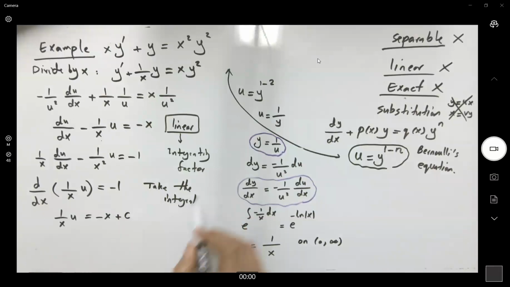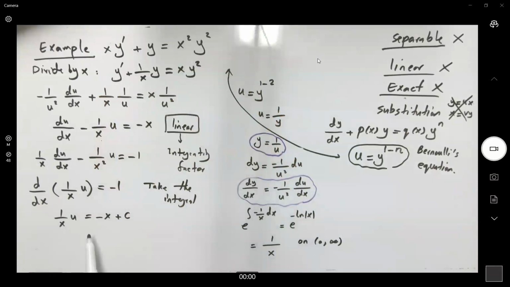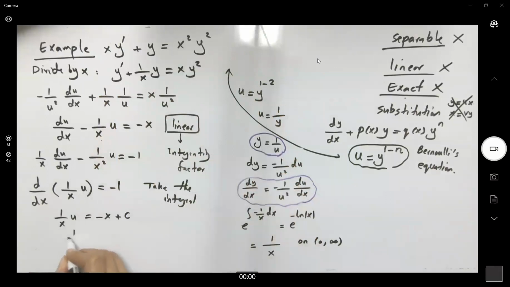Remember that your original differential equation was written in x and y. Here you have u. We have to get rid of u, but u is 1 over y. So we get 1 over x times 1 over y equals negative x plus c. Doing algebra, your y can be isolated on one side, and what do we get?